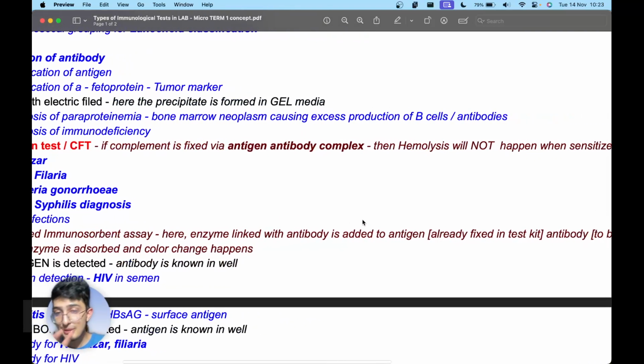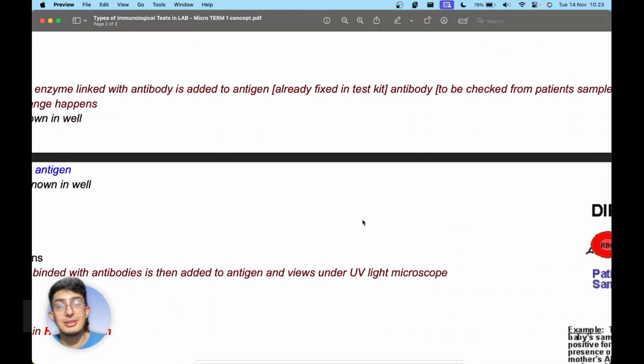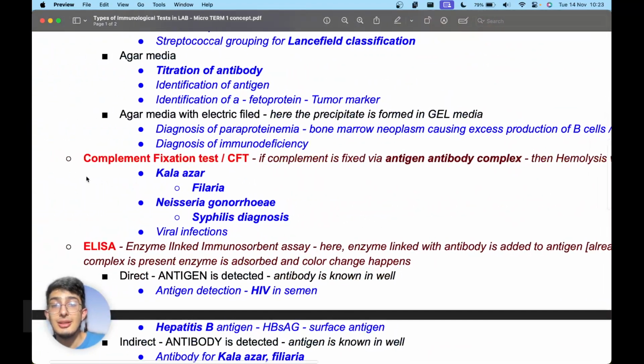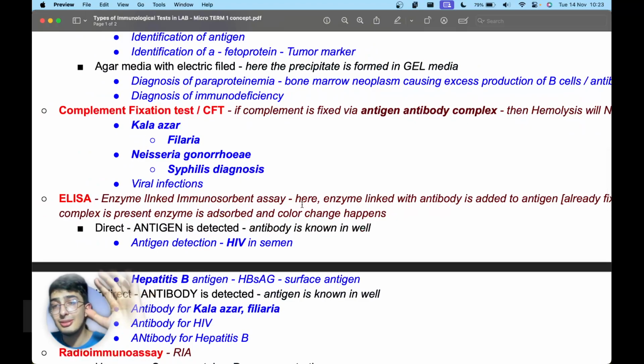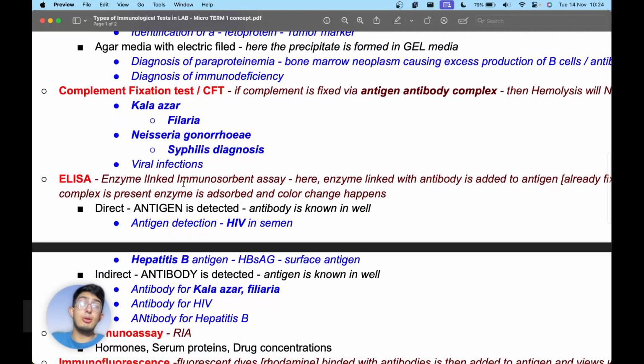We do the complement fixation test for diseases like kala azar, filaria, and Neisseria infections. Let's take an example: a person having kala azar, and we need to diagnose for sure whether he has kala azar or not. So we take the blood of this person.